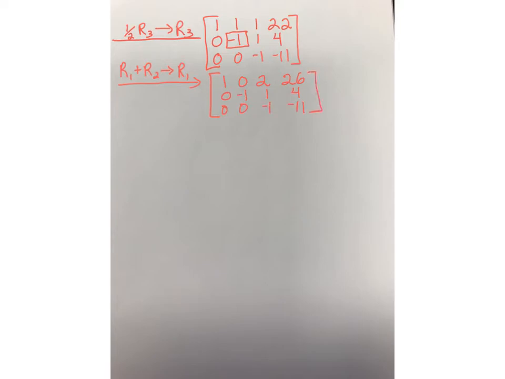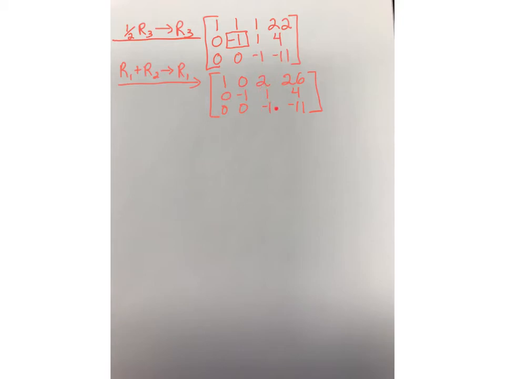And then our third row stays the same as well, so we just write that down. Now our matrix is looking good. Now what we need to do is create a 0 in the 1, 3 position, and in the 2, 3 position.